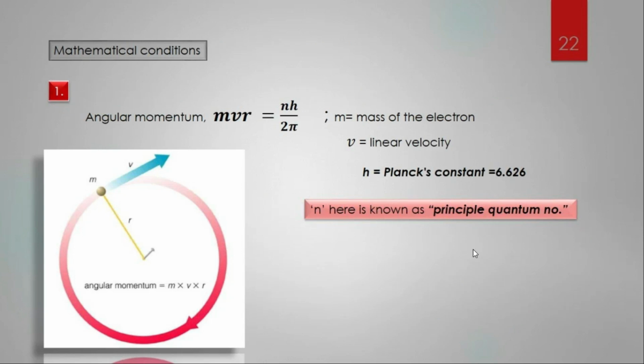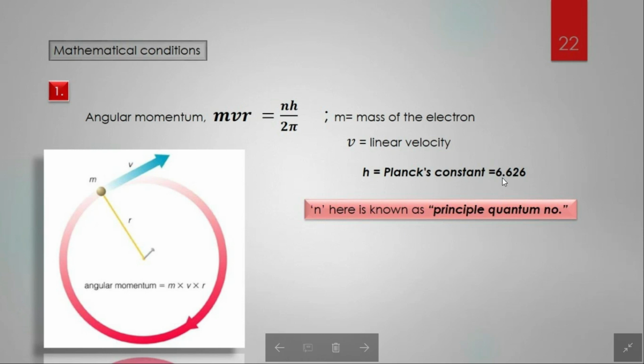Now, what is the mathematical condition for the first postulate? The mathematical condition is that the angular momentum of the electron revolving around the nucleus in the nth orbit is mvr equals nh by 2 pi, where m is the mass of the electron, v is the linear velocity of the electron, r is the radius of that particular orbit, and n is a natural number 1, 2, 3 and so on, which is known as the principal quantum number. h is Planck's constant.